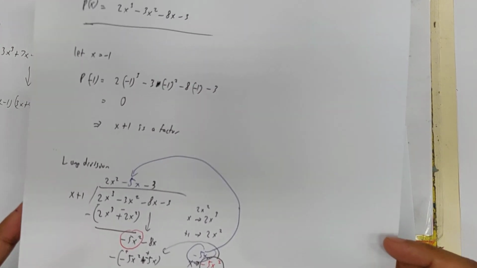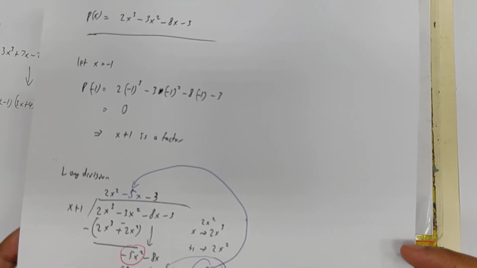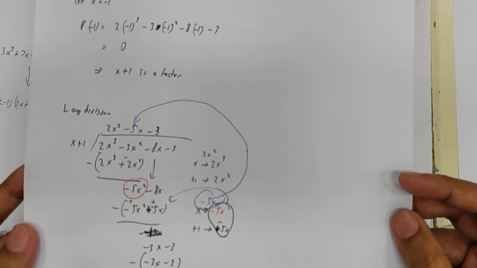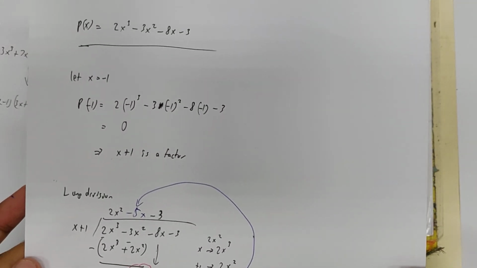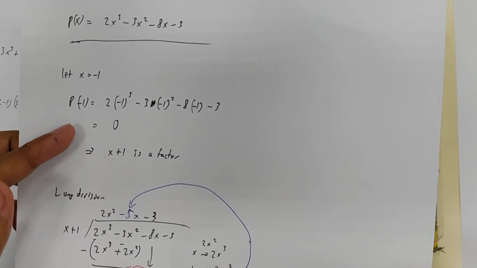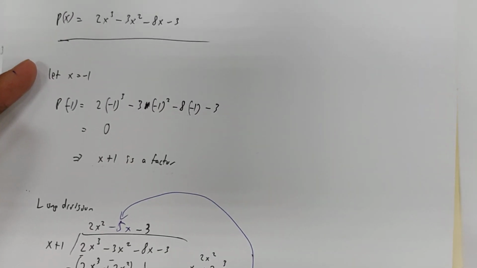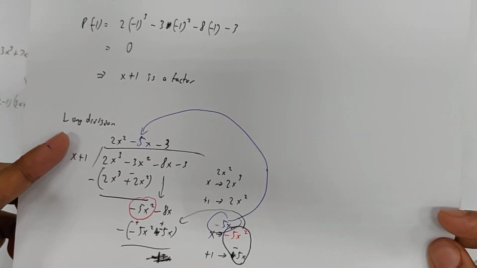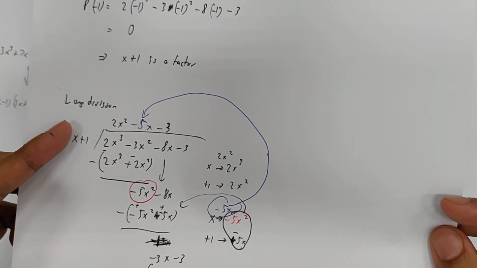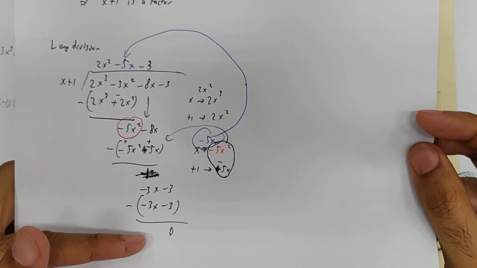Okay, so this is how I do. I think I need to focus first. Okay. So firstly I do the trial and error method. I must show it's a factor, and then I do the long division. Do the same process until I get 0.